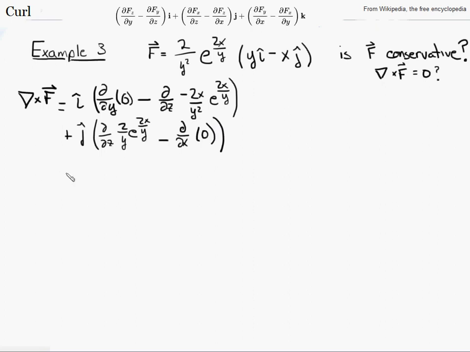So that just means I need the k hat portion only to be equal to 0, and then the field is conservative. If not, it's not. So let's see.